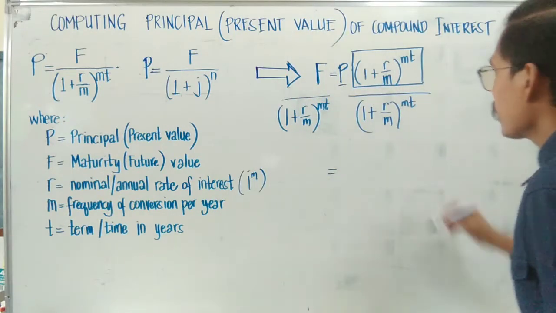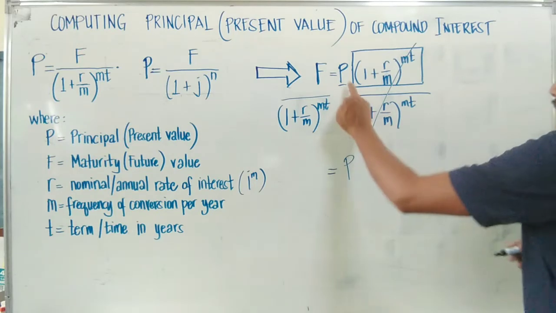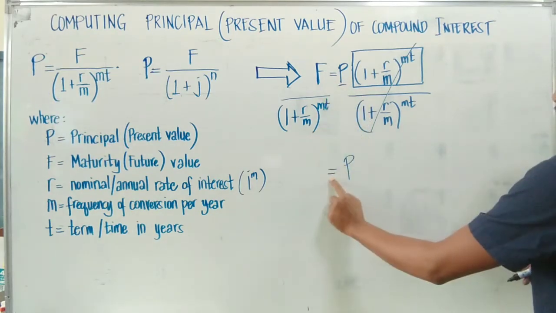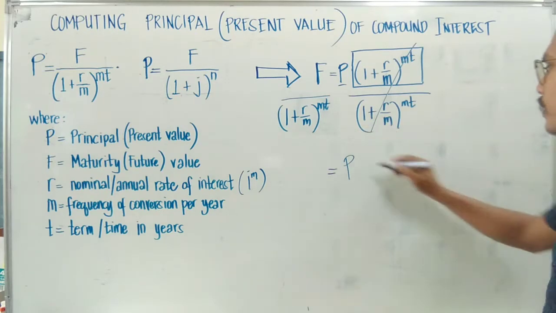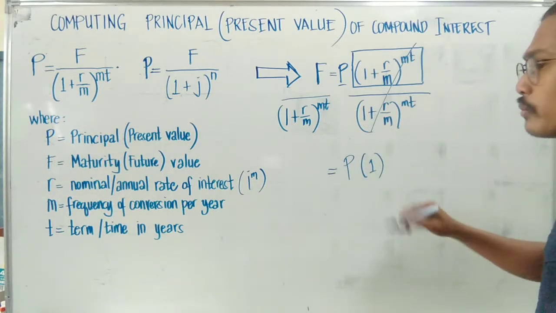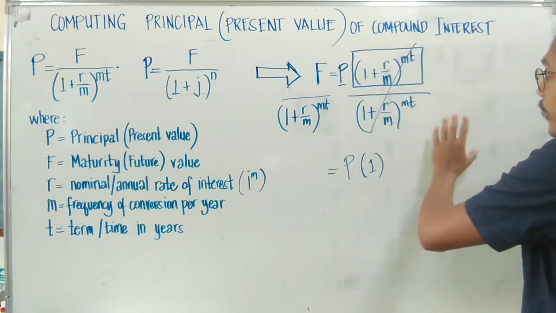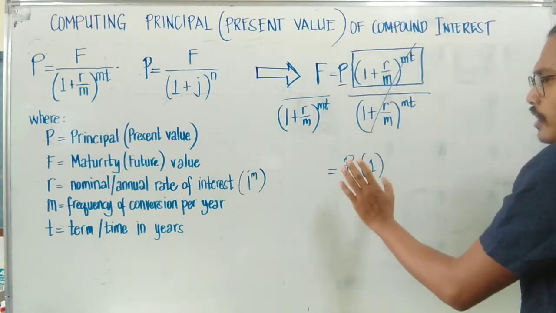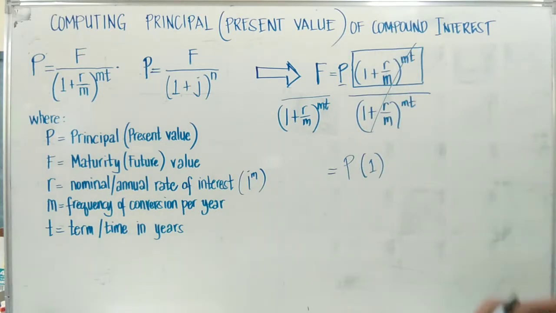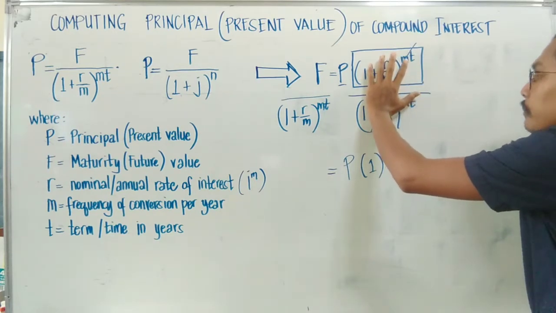So dividing this, we have P equals, so dividing this quantity by the same quantity gives us 1. Most of us say that it is cancelled, or deleted, but it's not.